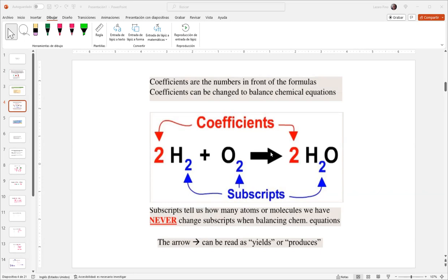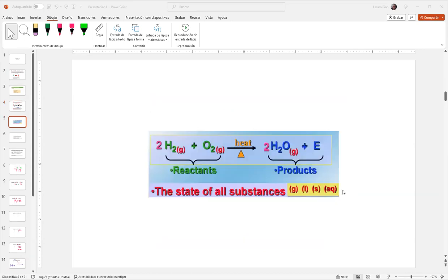The arrow symbol represents, or can be read as, yields or produces. Well, this is a chemical reaction, but we also need to put the state of all the substances into parentheses. For example, g is gas, l is liquid, s is solid, and aq represents a solution in water.